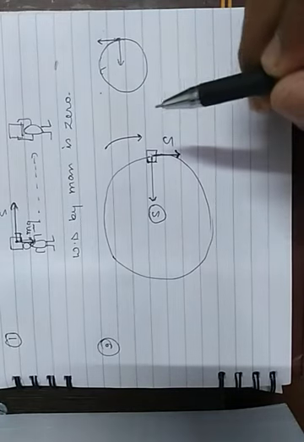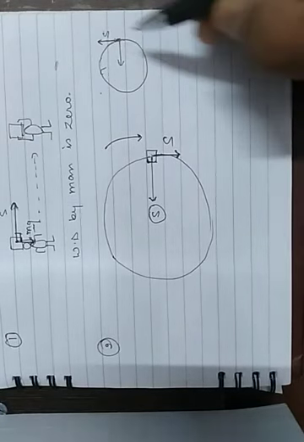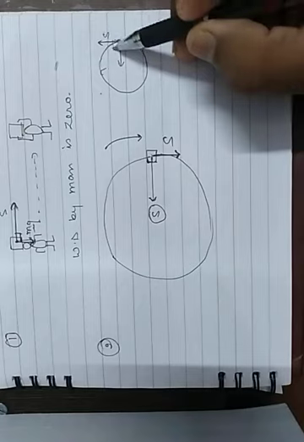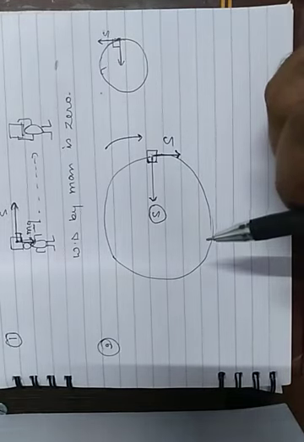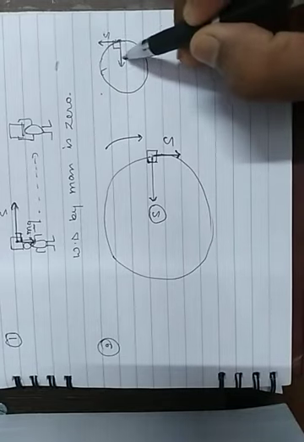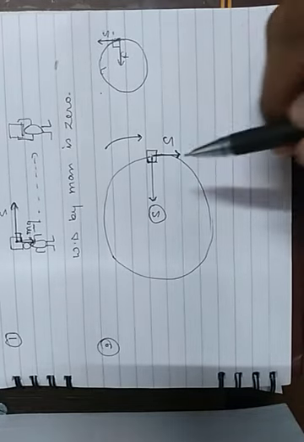So we can see that this is the direction of displacement, and every time the force is along the center of the circle. So the angle between the force and the displacement is 0.